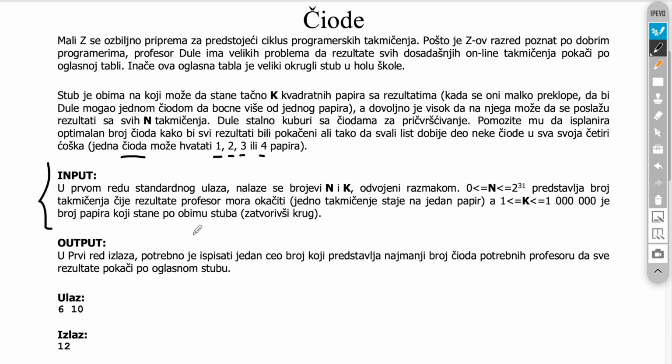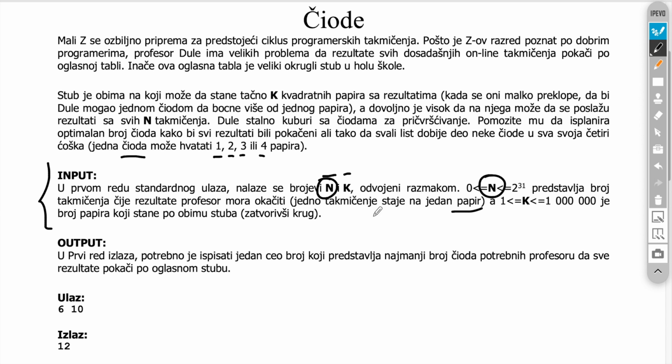This section here describes the input. Inside a single row of the standard input, you have two numbers n and k separated with space. N is the number of competitions whose results professor must announce. And there is a one-to-one mapping between the number of competitions and number of papers, because the results of one competition must be put on one paper.